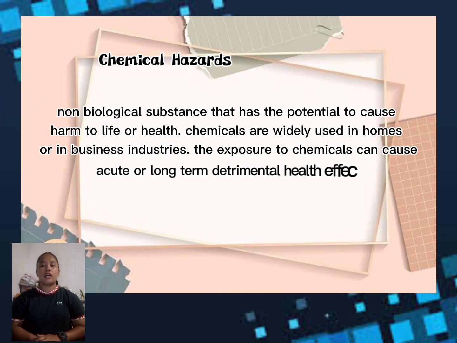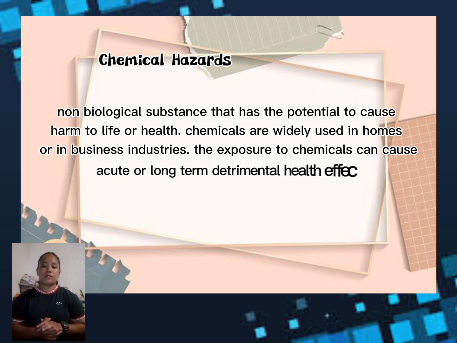Chemical hazards are non-biological substances that have the potential to cause harm to life or health. Chemicals are widely used in homes and in the business industry. The exposure to chemicals can cause acute or long-term detrimental health effects.